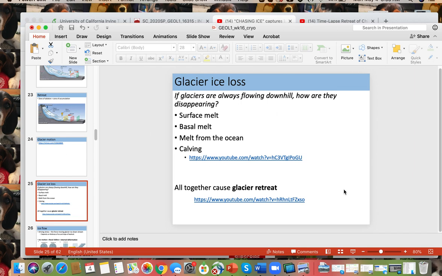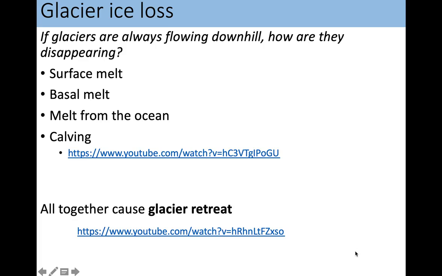So glaciers are always flowing downhill. As you saw, they're incredibly heavy. How are our glaciers actually disappearing? This is due to a couple of things. Surface melt, which is just melt on the surface of the ice from the sun. Basal melt, which is melt of the glacier along the bottom.